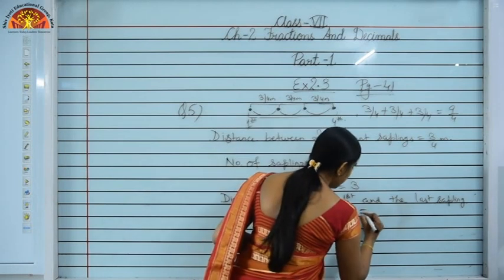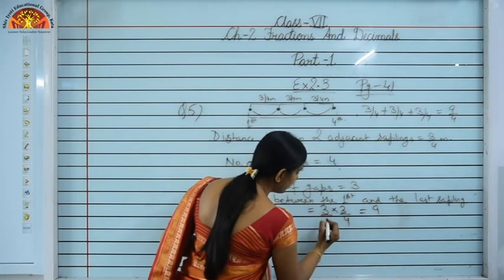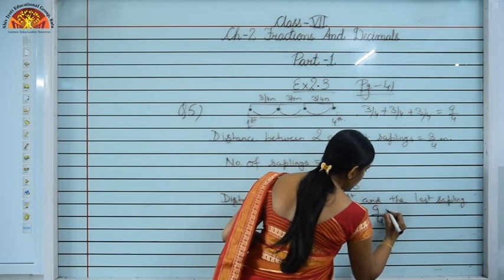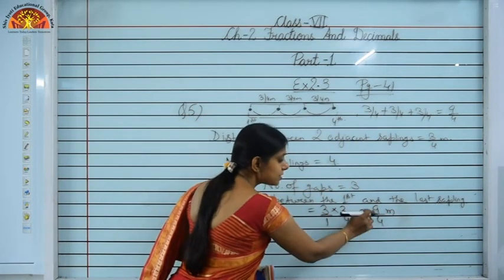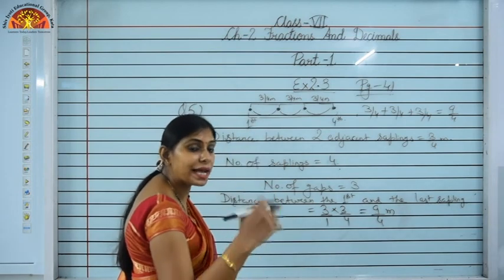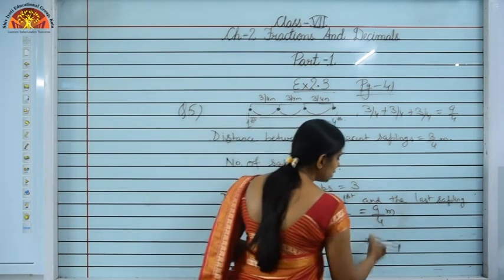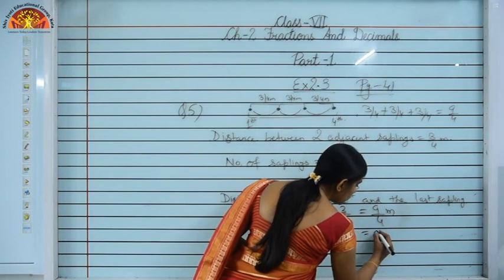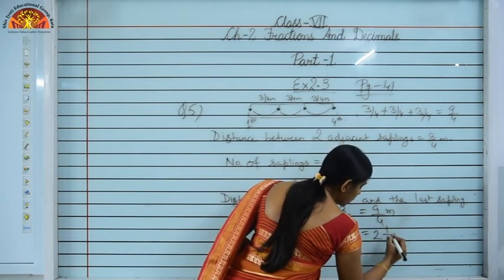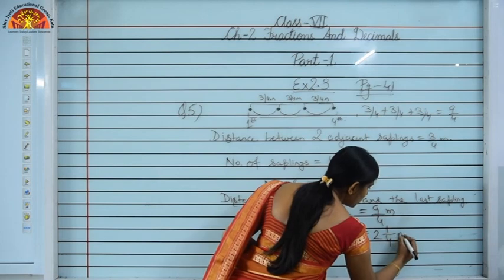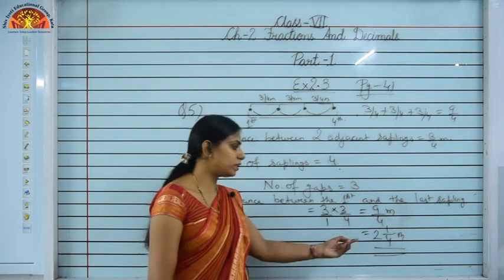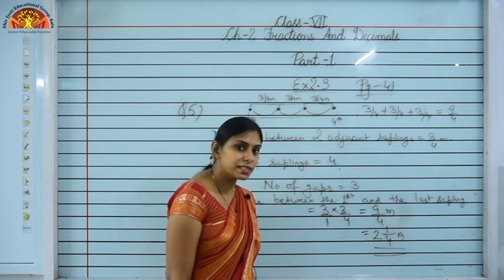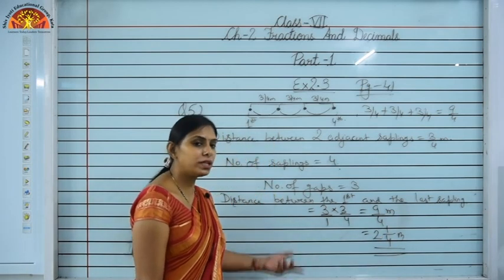So 3 3s are 9, and 1 into 4 is 4. That is 9 upon 4 meters is the answer. Now you can see again it is an improper fraction because 9 is greater than 4. So you have to change it into the mixed fraction. So 4 2s are 8, remainder 1 and divisor is 4. So distance between first and the last sapling is 2 1 upon 4 meters. Is it clear children? Got it? Now we'll just move to the next question.